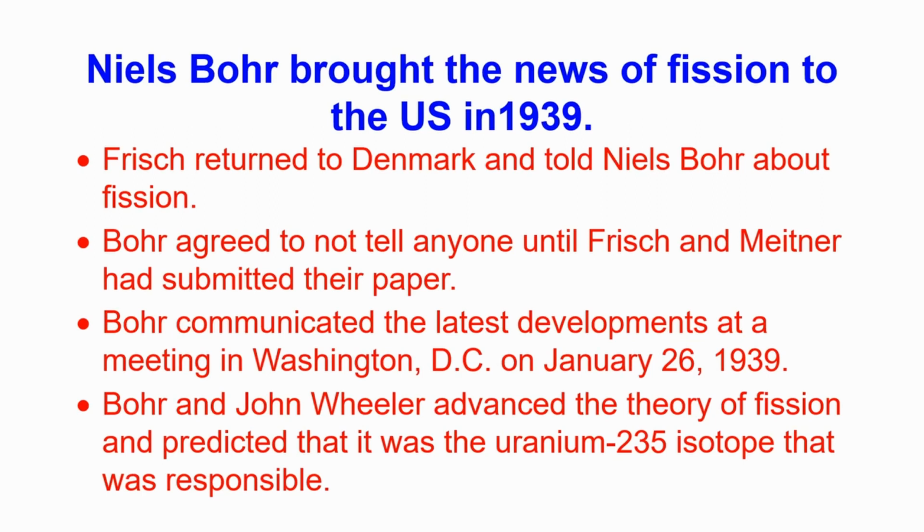Bohr agreed to that, but he immediately got on a ship and sailed to the U.S. And on the ship, he talked about it all the time with his partner, Leon Rosenfeld, but forgot to tell Leon that he was not supposed to tell anybody. So as soon as he got to the U.S., he immediately went to Princeton and started telling everybody about fission. Bohr was quite upset when this occurred, but he immediately sent a note to Frisch to get that paper in the works. And fortunately, he had already done that.